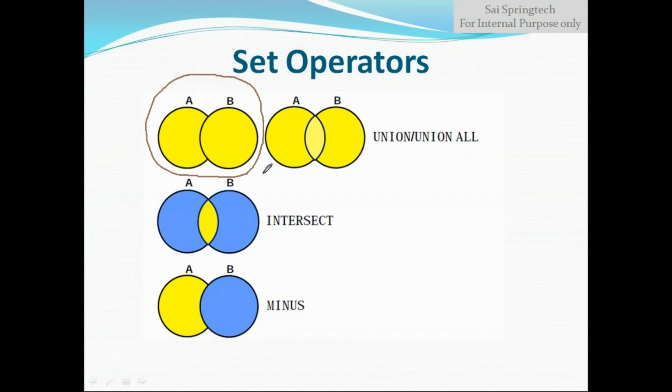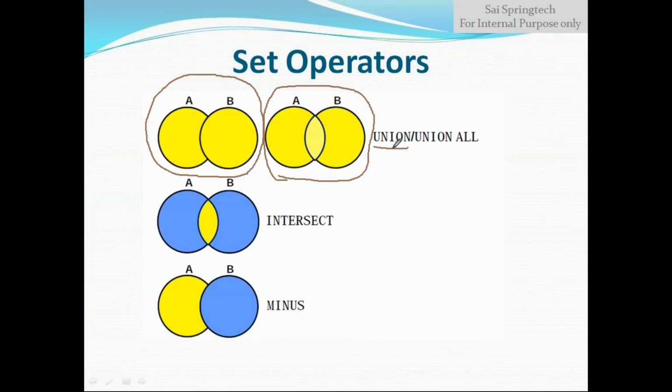When I'm saying union, it gives me rows from both the queries, but it excludes duplicates. Those duplicate rows will be shown only one time, not multiple times. So if a row is already present from table A, it won't show up again from table B. That's the only difference between union and union all.